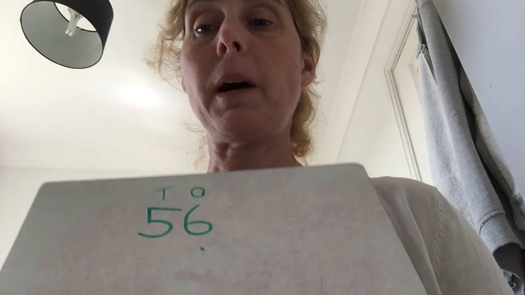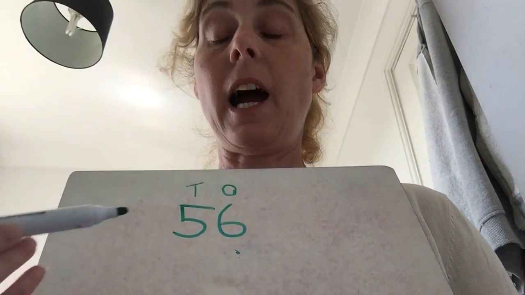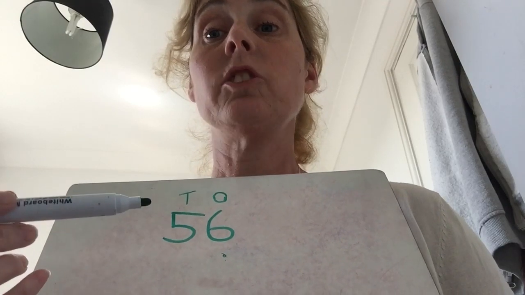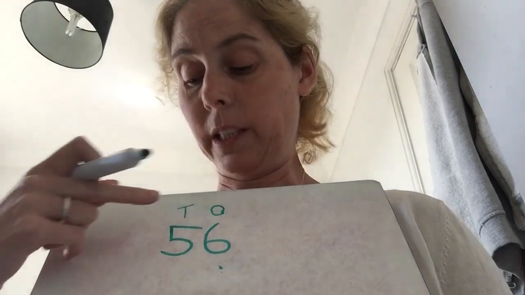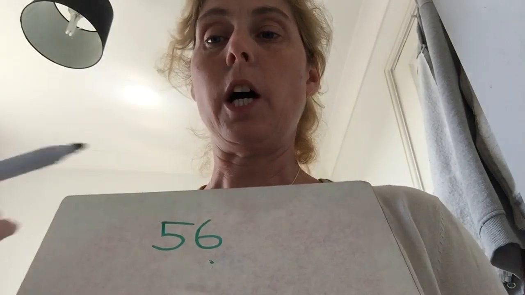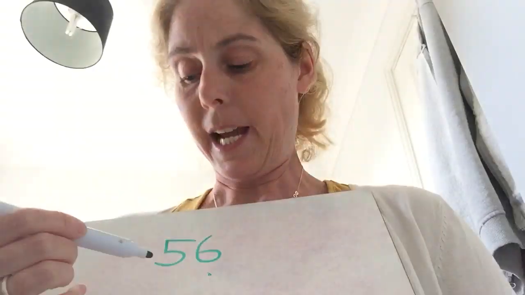What we're going to think about today is how many tens in a number and how many ones, trying to get to where we can say it without having the T and the O above the numbers. So how many tens does this number have and how many ones?